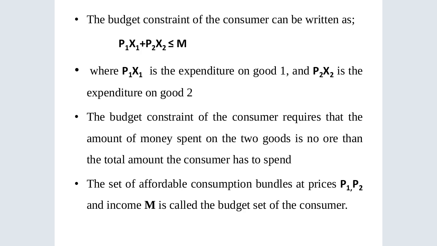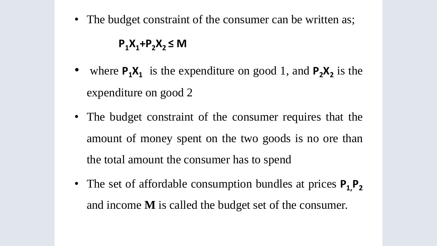What the budget constraint of that consumer requires is that the amount of money spent on the two goods should not be more than the total amount the consumer has to spend. That's why it's represented as an inequality.